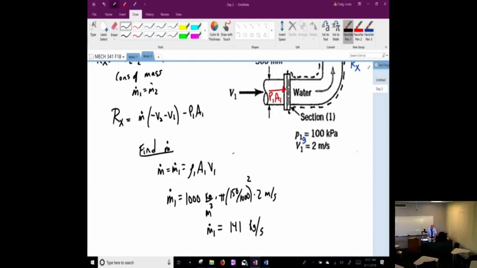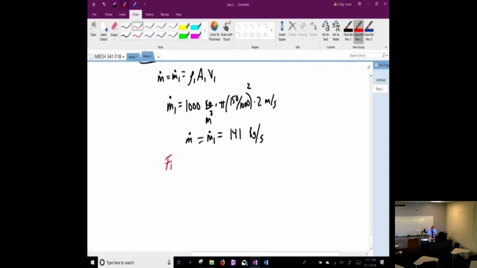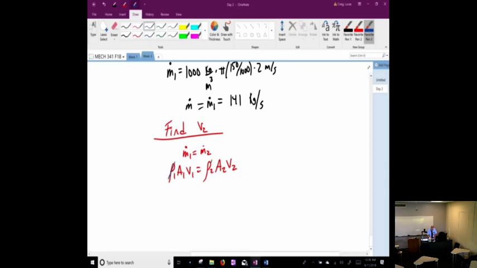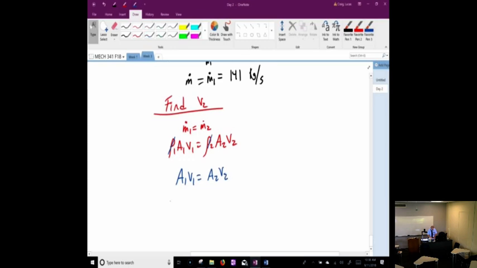Okay, so we have that's equal to m dot, right? Now how do we find V2? We can do the same equation. Exactly. Densities are gone, right? It's pi r squared.